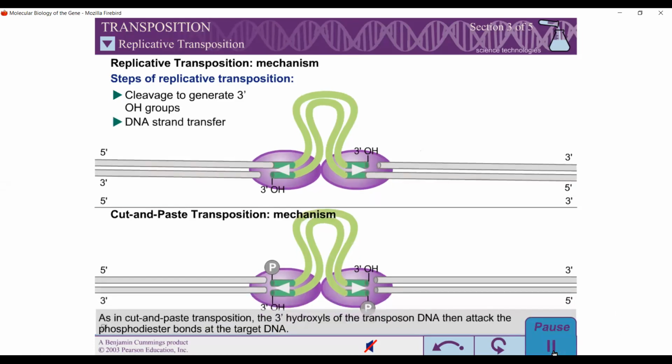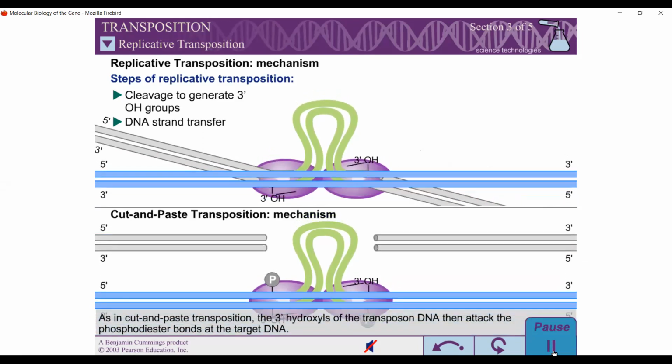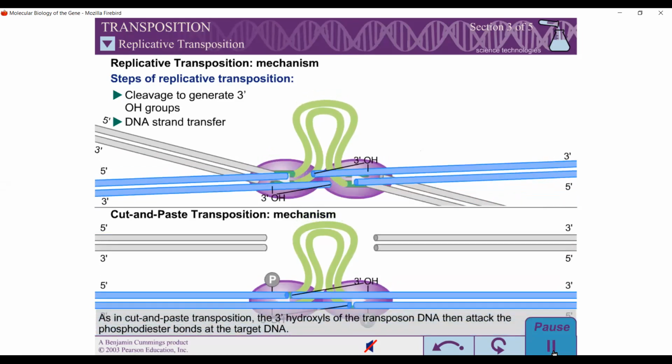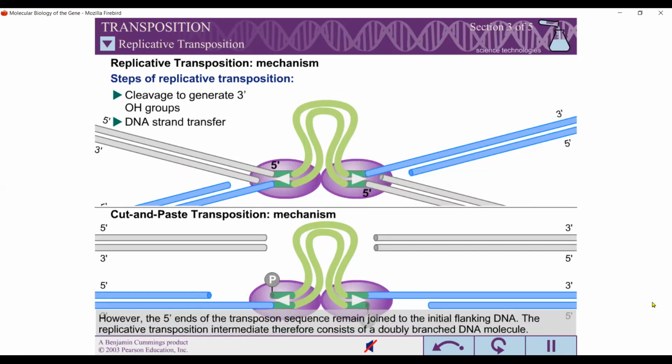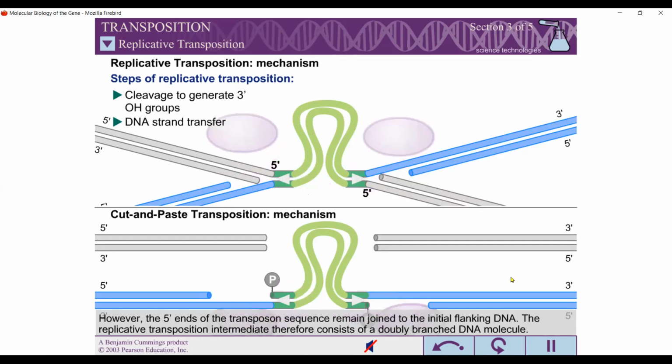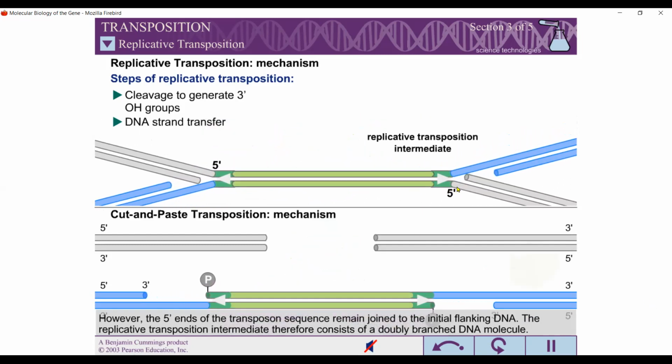Now comes the concept of DNA transfer. So once you saw, what did we see? We saw that the 5' end of the transposon sequence remained joined to the initial flanking sequences. So these 5' ends remain joined.